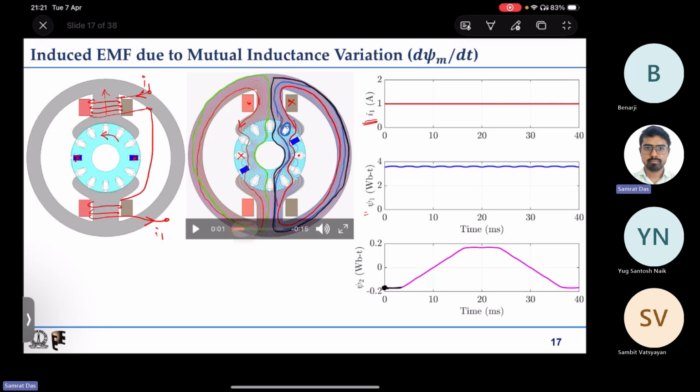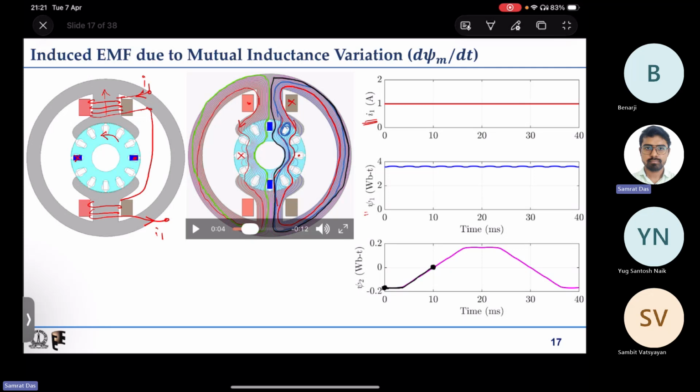Then the flux linking the blue conductor starts reducing, proportional to the angle by which it rotates. So here it reduces to 0.